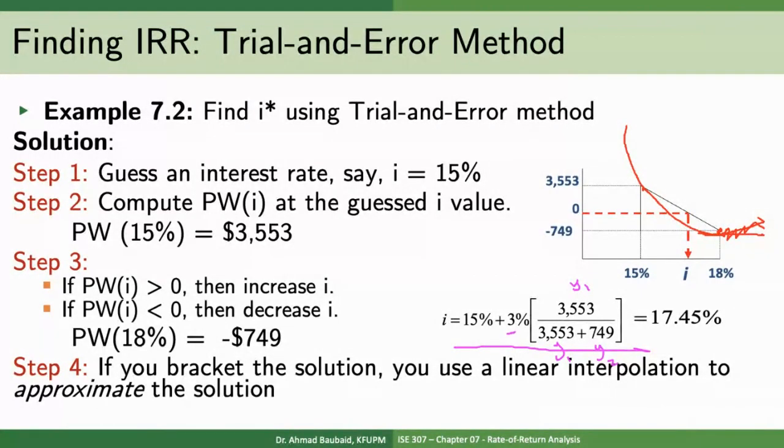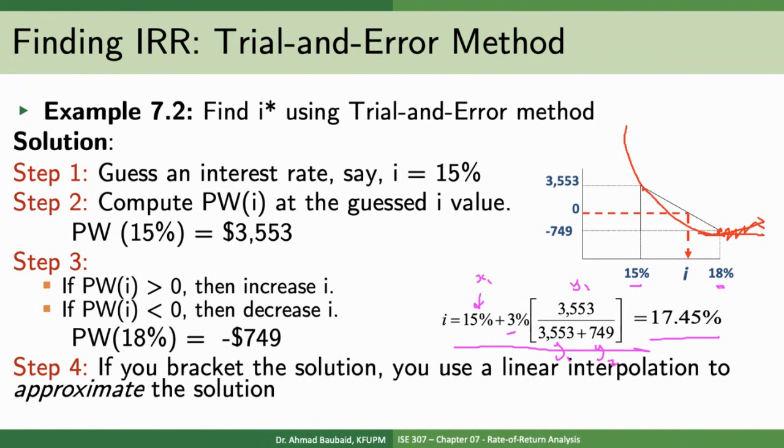This 3% is basically this minus this, so it's x2 minus x1, right? And then here we have x1. You can see the numbers are here. When you manipulate the expression, you should arrive at something that looks like this. You may have something that looks different, but at least it should evaluate to the same answer, because as we said, sometimes you can interchange things as long as you're consistent. So if we do that, we actually find using linear interpolation that our x is 17.45%.